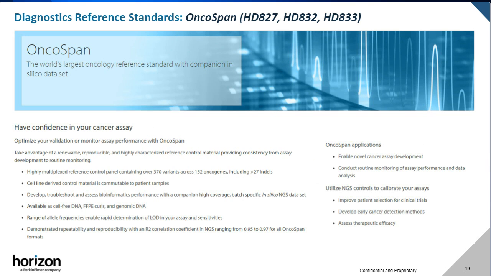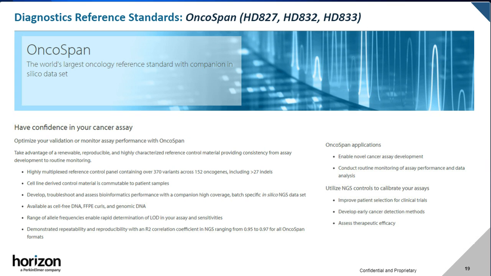Switching gears now to speak about the OncoSpan product line itself, it's by far our most comprehensive product. It's a highly multiplex reference control with over 370 variants. And this is across 152 oncogenes, including more than 27 indels.